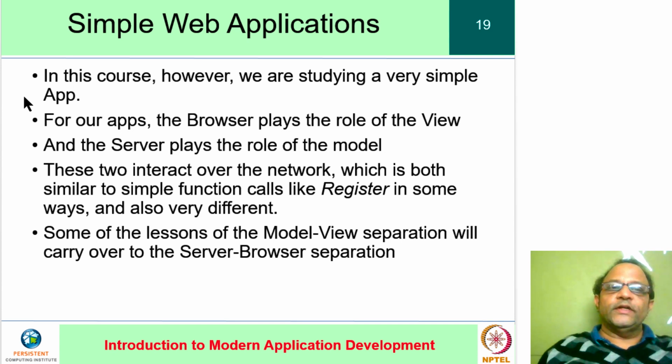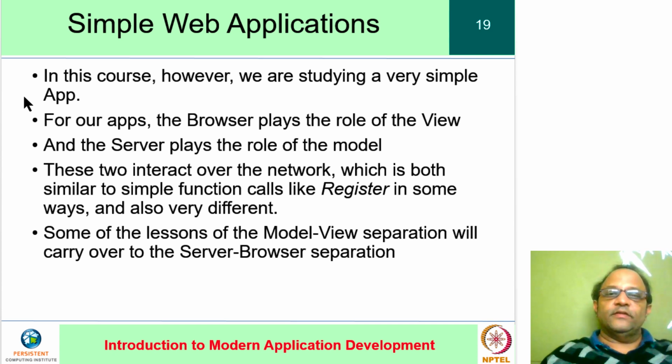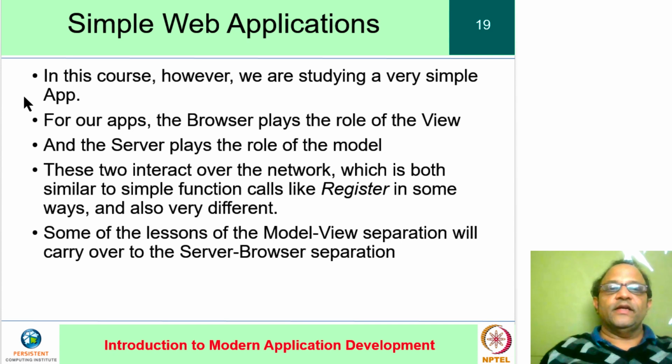It also needs a lot more dealing with differences that arise because of the separation across the network and because of the fact that the state does not readily reside inside memory the way it resides inside desktop applications. But the key lessons of the model view separation will carry over to the server browser separation. And this is the link between GUI applications and web applications.